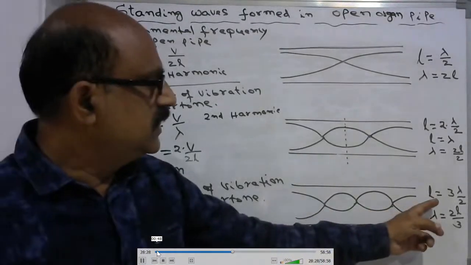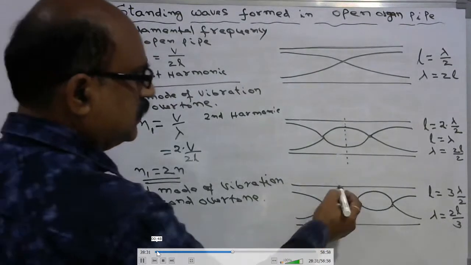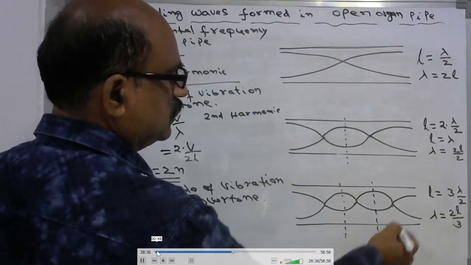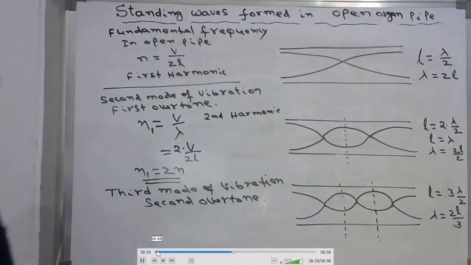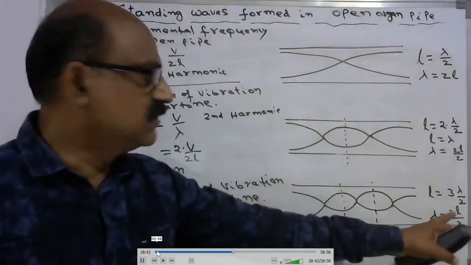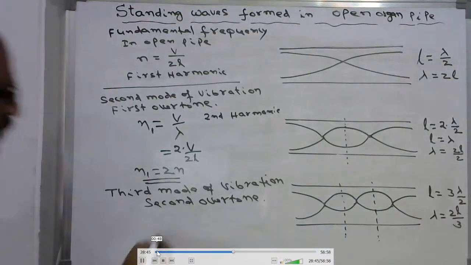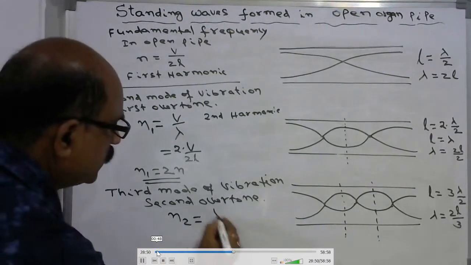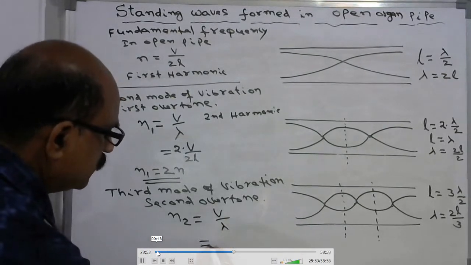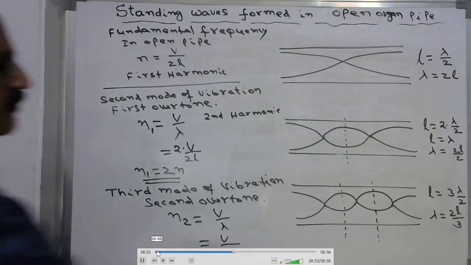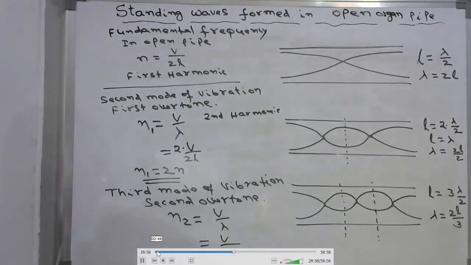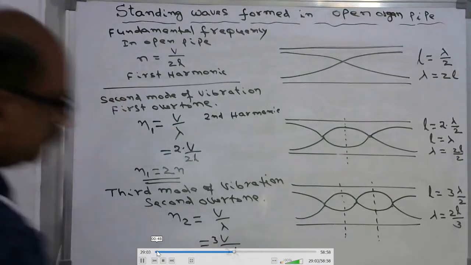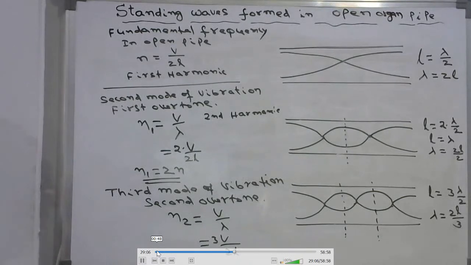The length of the air column is equal to 3 lambda by 2. This is one lambda by 2, this is another lambda by 2, and this is another. So 3 lambda by 2, so lambda is equal to 2L by 3. The second overtone frequency is equal to V by lambda, so that is equal to 3 times V by 2L.